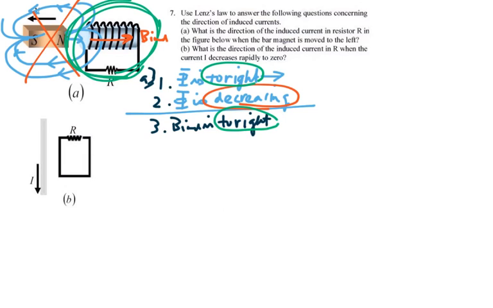To create that, we need an induced current going, according to the right-hand rule for solenoids, down through the windings. So we need a current that is going down through these windings by the right-hand rule, so that we can create that induced magnetic field. So our I induced is down through the windings.